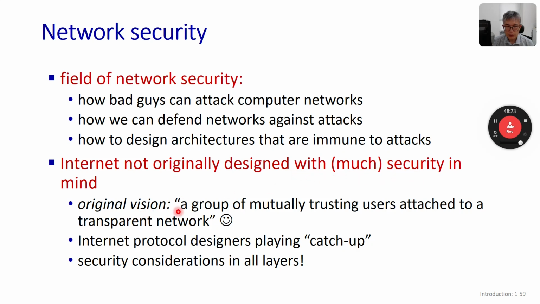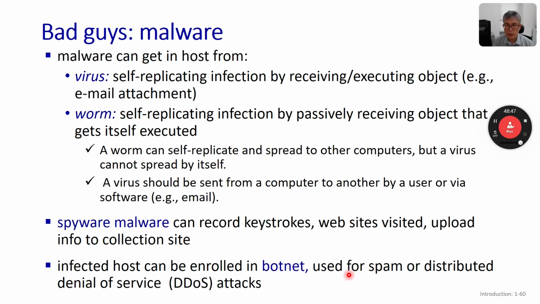The original vision was a group of mutually trusting users attached to a transparent network, but it is not so nowadays. Many hackers carry out malicious activities. Internet protocol designers are playing catch up, and security considerations are designed and implemented in all layers.